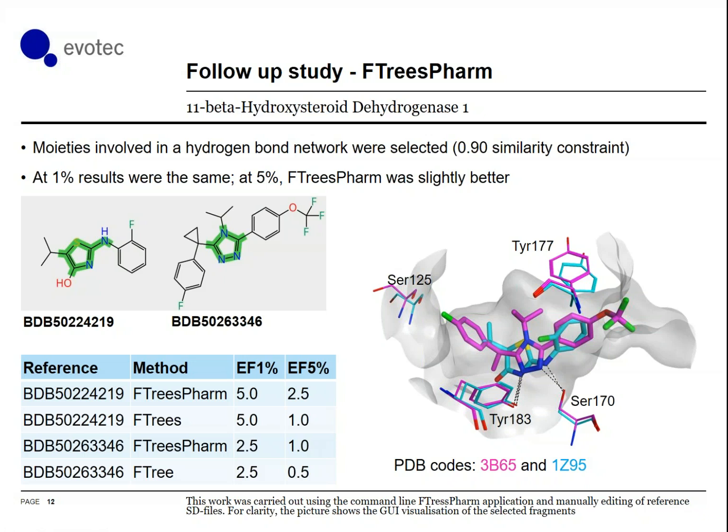But at least we don't have seemingly a deselection of active compounds. So as a key message for this study case, I would say that for the first query, the modulation of the query by including this pharmacophore constraint has worked in the sense that it was able to prevent this steep drop in enrichment factor at 5% of the ranked database, while in the second case, it was more or less comparable.